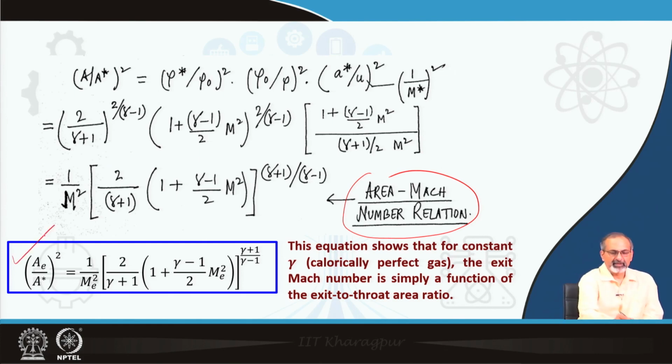So, we finally come up with this very important relation, AE by A star whole square, which is expressed in terms of ME as well as gamma. Here of course, because of the calorically perfect gas assumption, gamma remains constant, and we find that the exit Mach number is simply a function of the exit to throat area ratio.